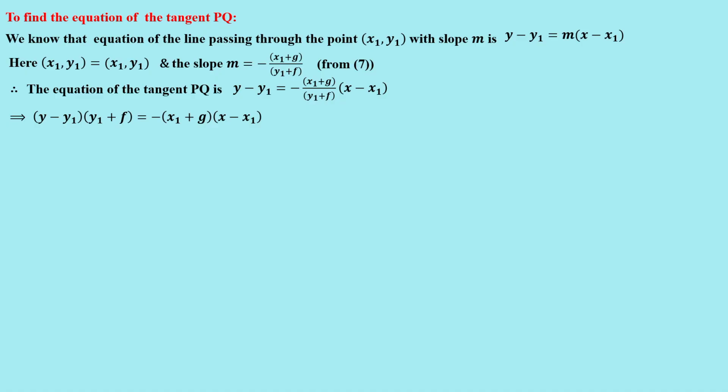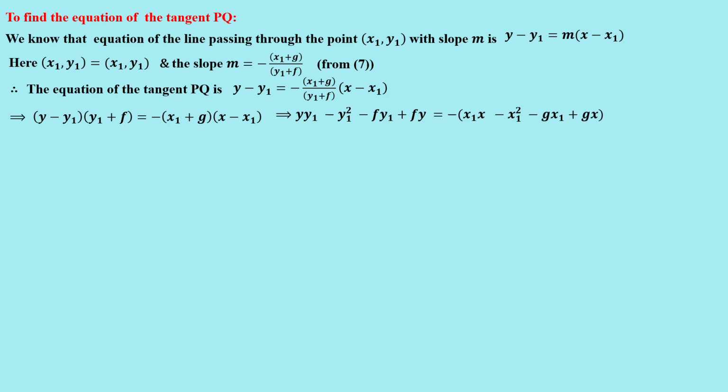Just do the cross multiplication: (y minus y1) into (y1 plus f), bringing that denominator to the left hand side where it becomes a numerator, equal to minus (x1 plus g) into (x minus x1).